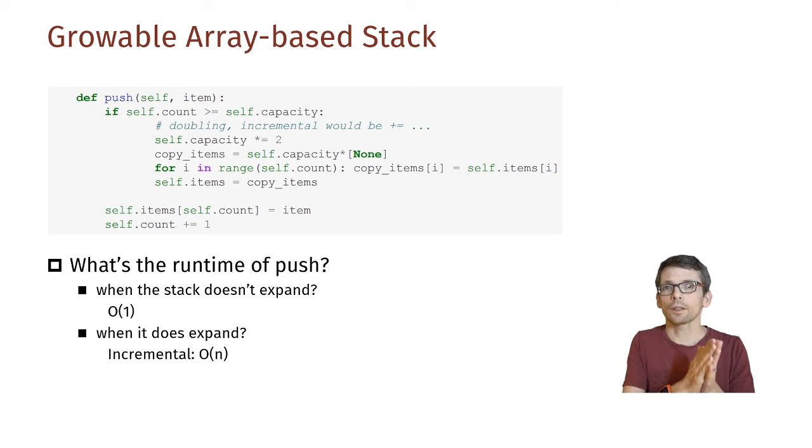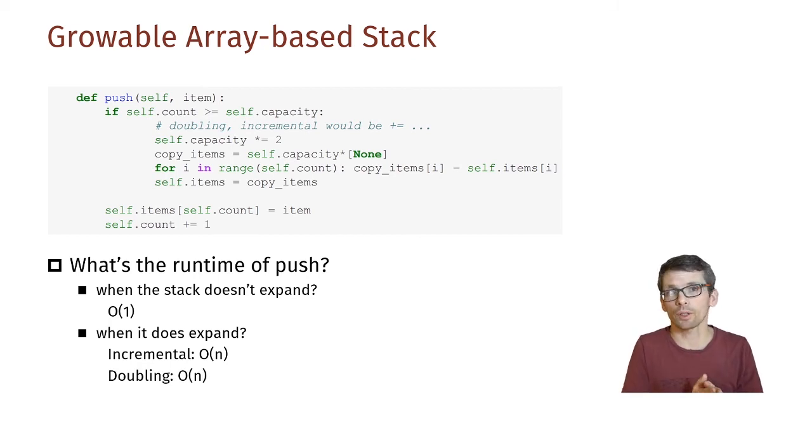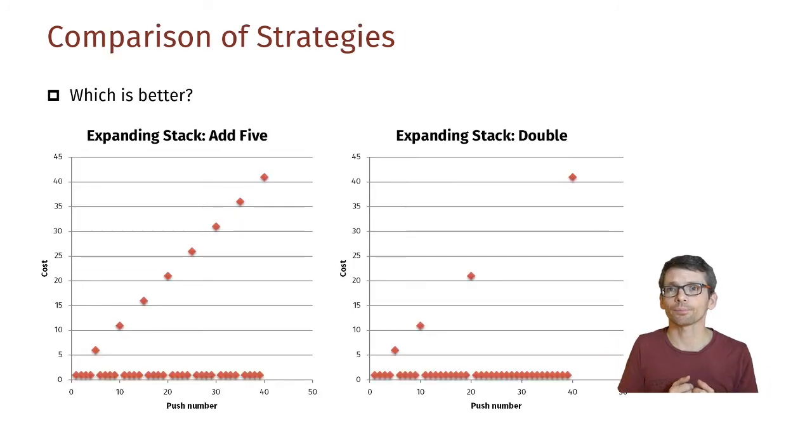So one insertion in this case takes linear time, and that is true for the incremental strategy, but also for the doubling strategy. So the worst case running time is linear for an insertion, which is somewhat unsatisfactory. It also does not allow us to distinguish which of these strategies would be better right now, incremental or doubling.